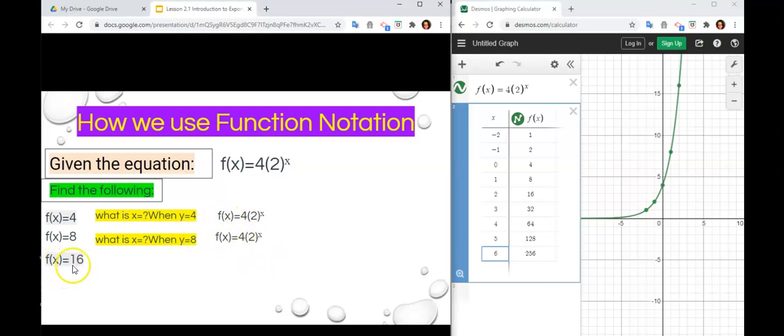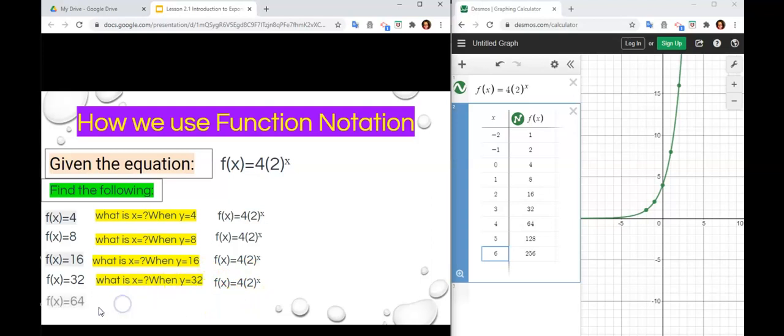What is x when y is 16? This is what this is saying. For this same function, what is x when y is now 32? Still this same function, what is x when y is, in this case, 64?